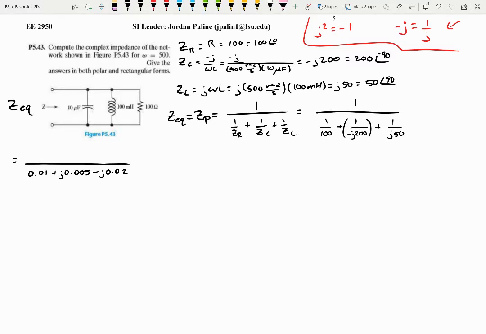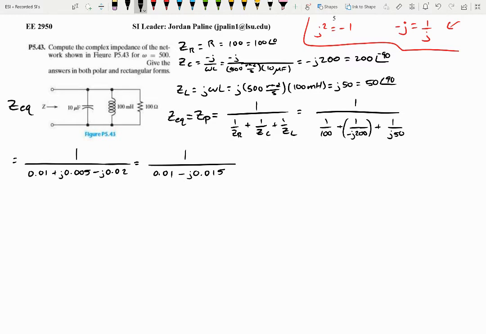Okay. So 1 over that. We'll combine our like terms. So 0.01, we'll get negative j 0.015. And then from here, we can branch off and do a couple things.